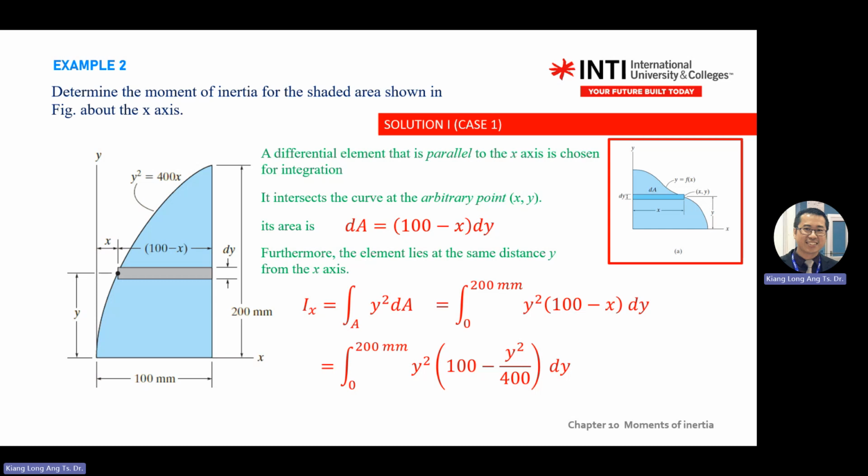Once you put it in there, because it's dy, remember you need to use the y term. Change the x into a y term. Y squared equal to 400x. Rearrange: x equal to something in y. Put it inside here, and you will see this. So rewrite this, then the whole integration works out, and all the terms inside are y.